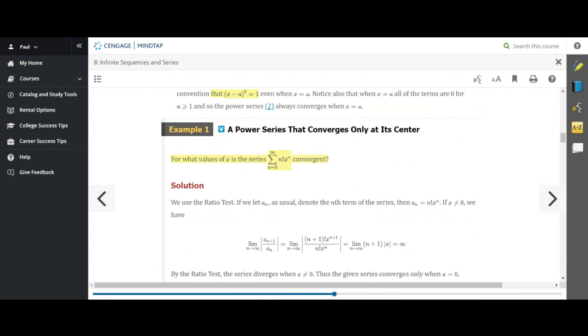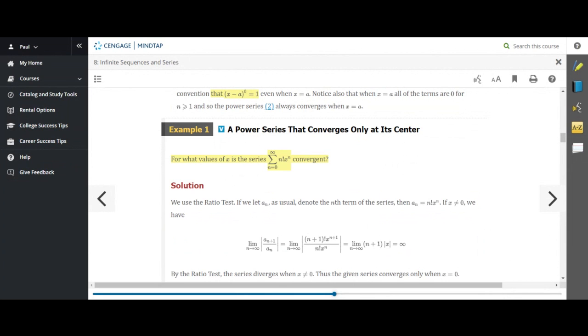Now, let me ask you, what does n factorial do as n increases? Does it grow or get, I mean, what does it do? It grows. That's right, Renato.